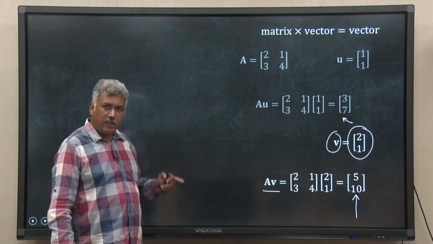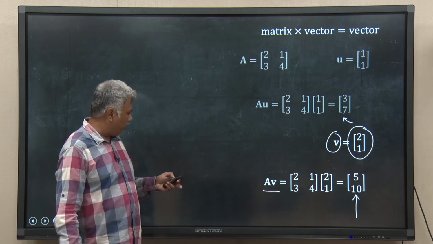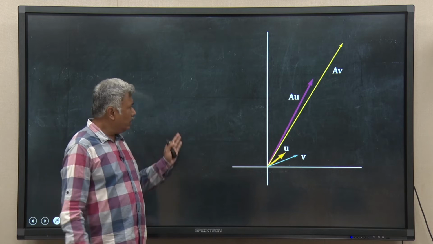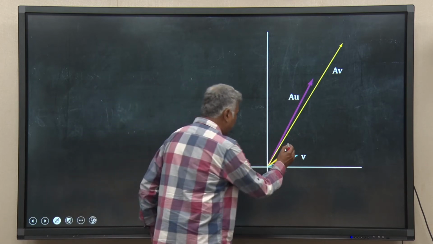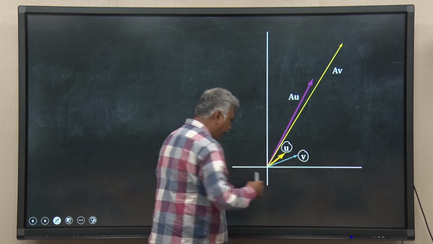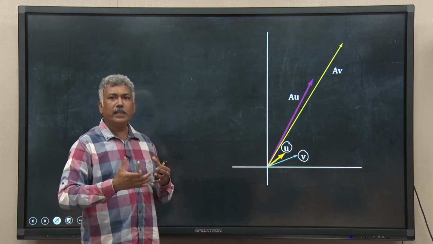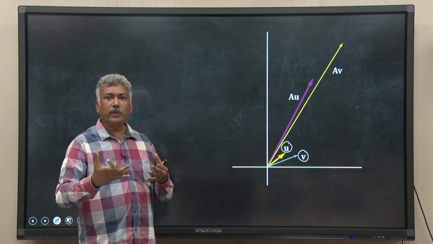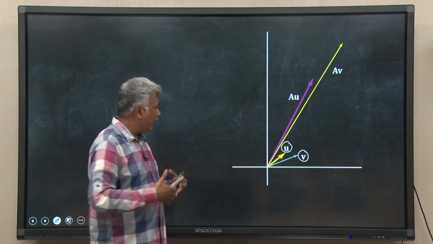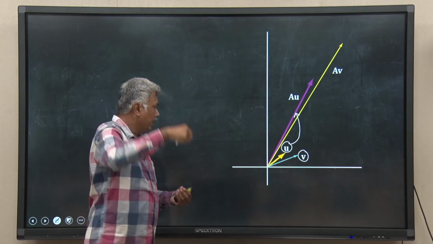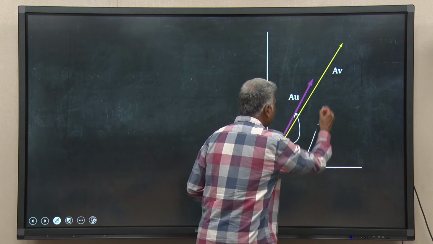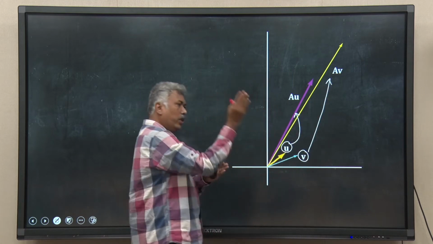As I said, I will see it geometrically. Let us plot these vectors. This is my 2 dimensional space in which I have 2 vectors, the original vectors u and v, and upon multiplication with the matrix A, they have changed. Now, u has become this pink one, Au. You can see it has got extended and moved. Similarly, v has got stretched and it has moved also.